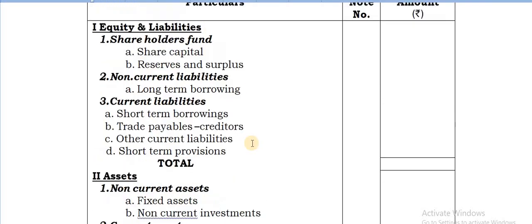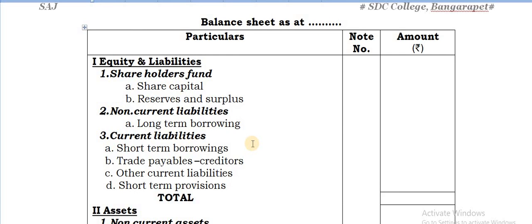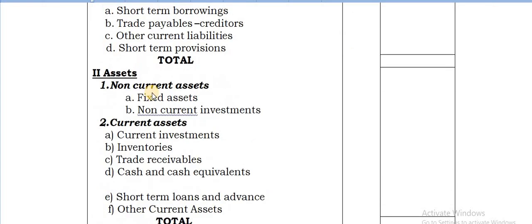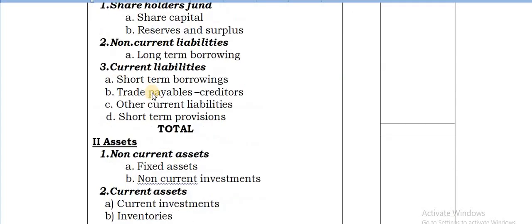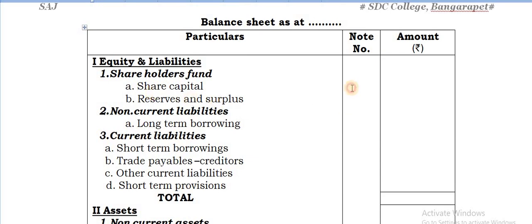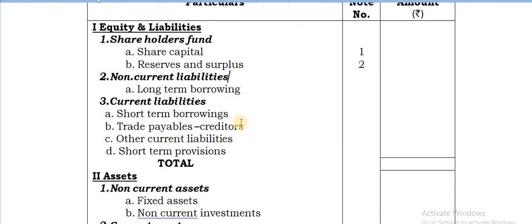Then you can go for it. So consider these two as note number 1 and 2. So take them separately and work on that first. Take the share capital separately.